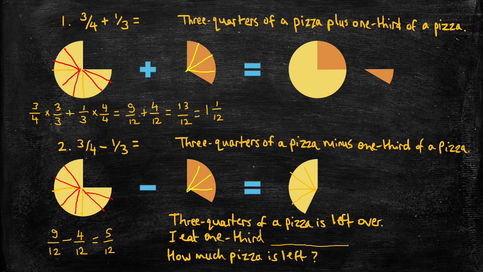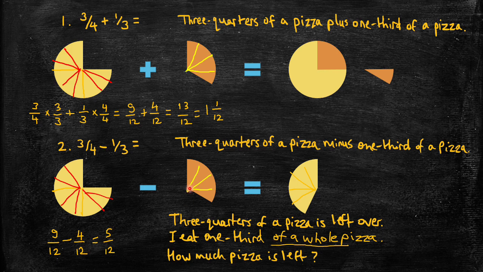I need to say I eat 1/3 of. And if we really want to be explicit, I eat 1/3 of a whole pizza. Okay, and now it's clear what I'm talking about.